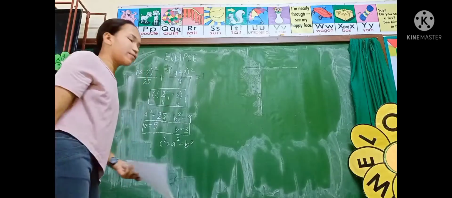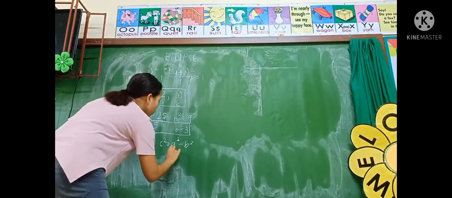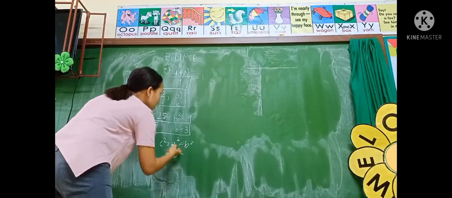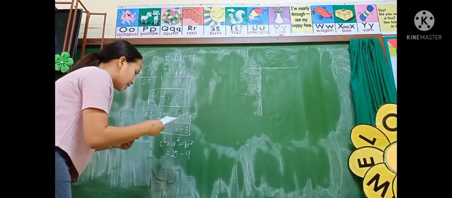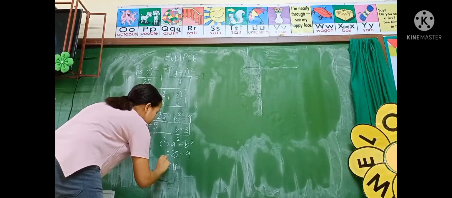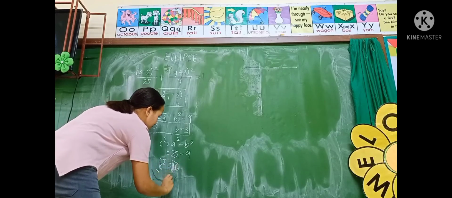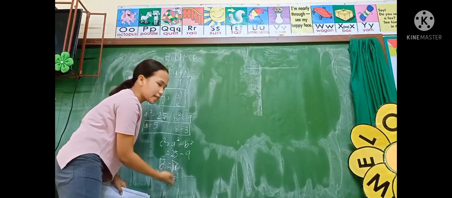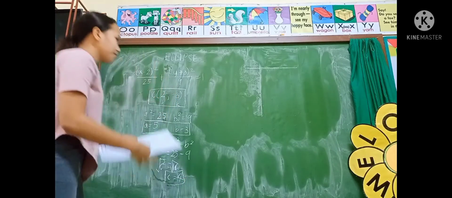So let's substitute the given value. c squared is equal to a squared, which is 25, minus our b squared, which is 9. So 25 minus 9 is equal to 16. So we have c squared is equal to 16. Square root to find c. So c is equal to the square root of 16, which is 4. So we have now the c, which is 4.